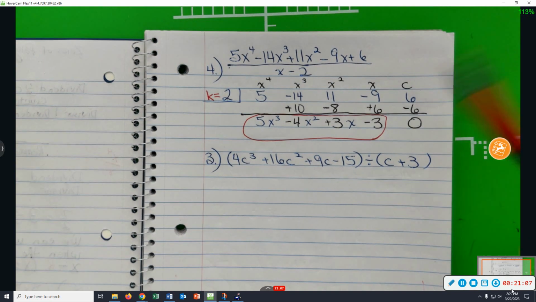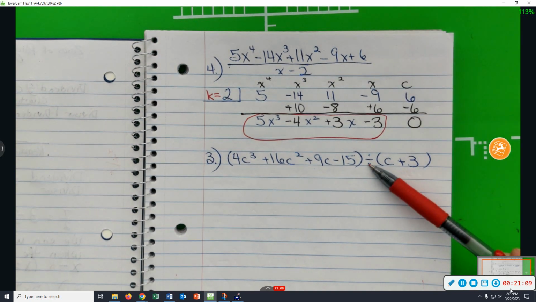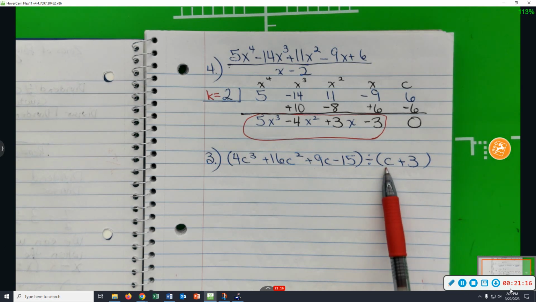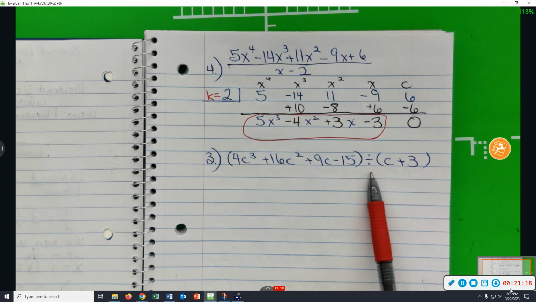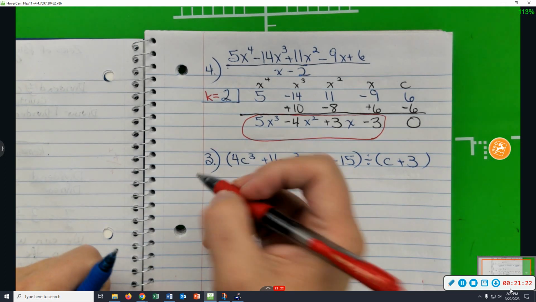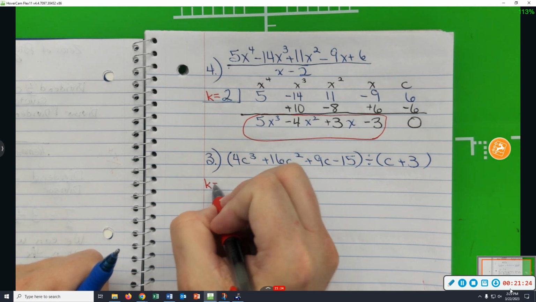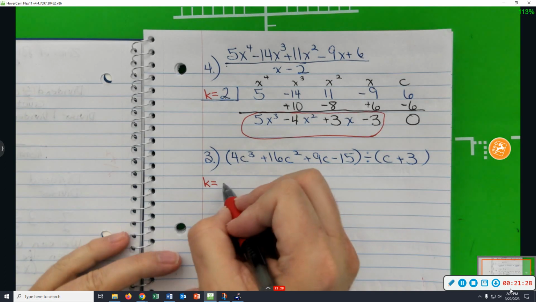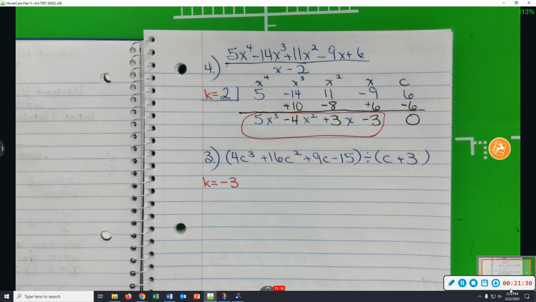Notice instead of using a fraction bar, they're using the little dash with dots above and below to indicate division. Well, look at the divisor. Is that in the acceptable form? Variable plus or minus a number? Okay, what's our k value? It's exactly the opposite of what you see there. I agree with negative 3.